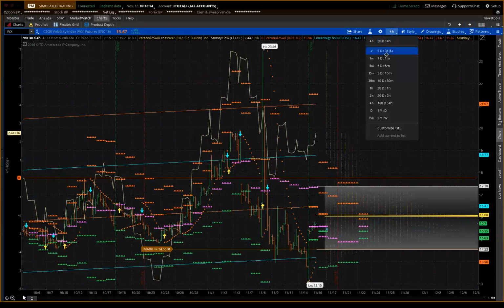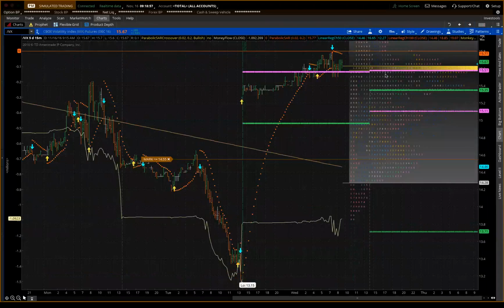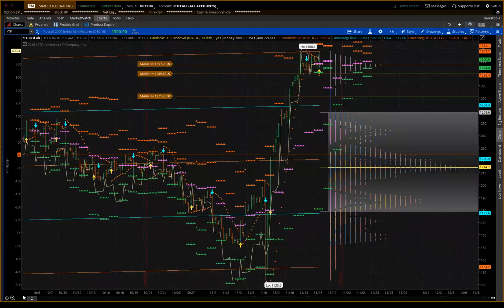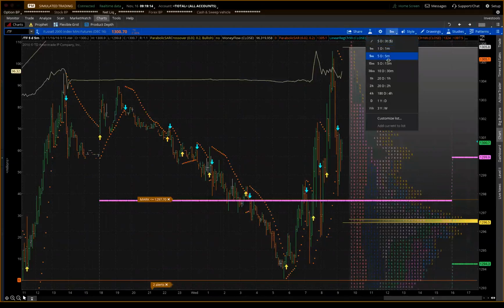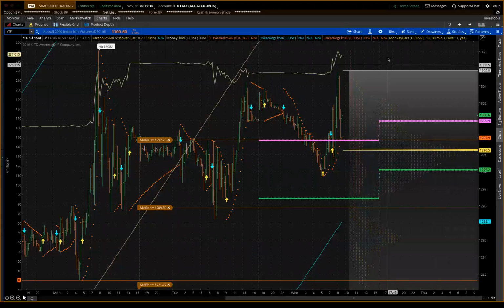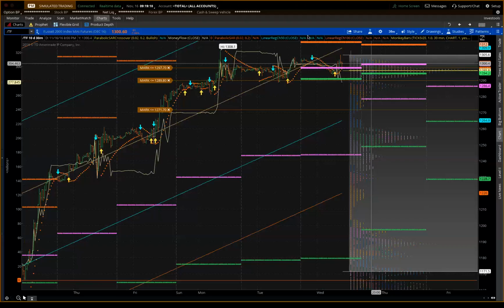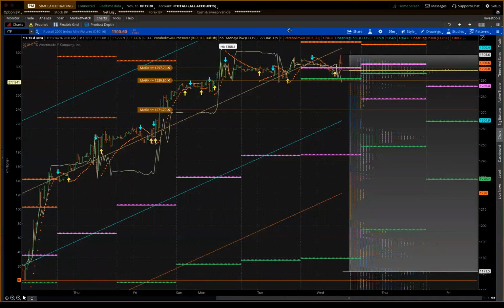VIX futures. Russell. Gonna need some fresh meat there. See a little sideways pattern up here though.